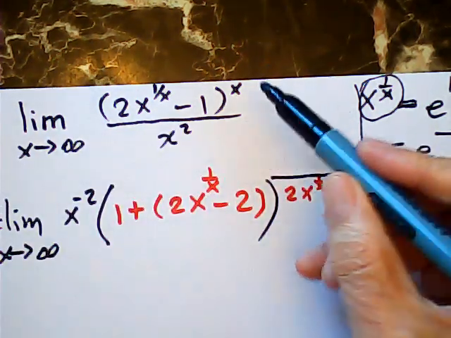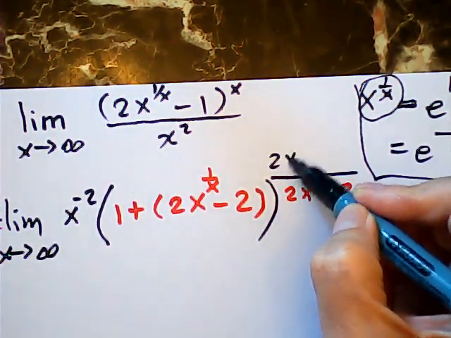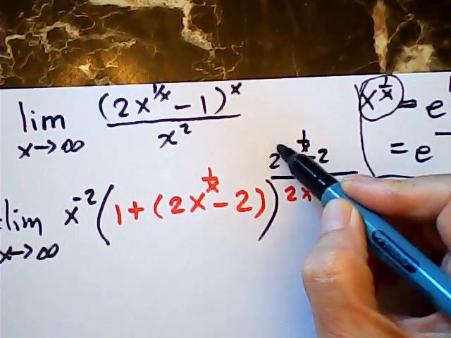This will be the same thing, 2x, 1 over x minus 2.